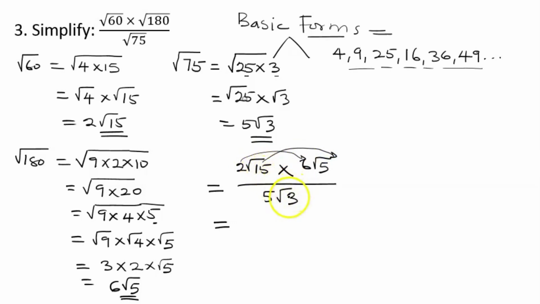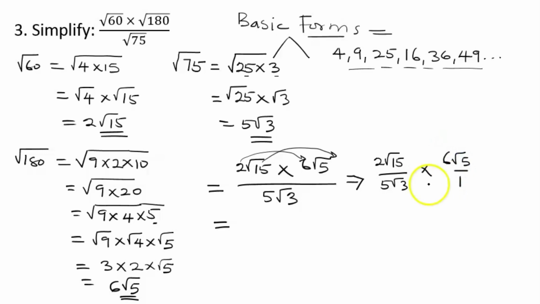That's one way. Another way I can look at it, I can also combine and join this and this together and leave this one alone, or join this and this, depending on how you want to look at it. What I'm saying is that I can take 2 root 15 divided by 5 root 3, because I can see something that is common there, then multiply by 6 root 5 over 1.